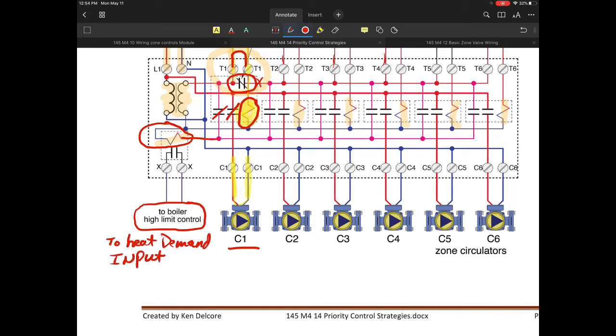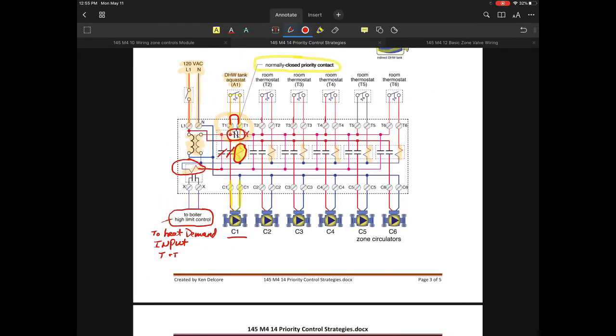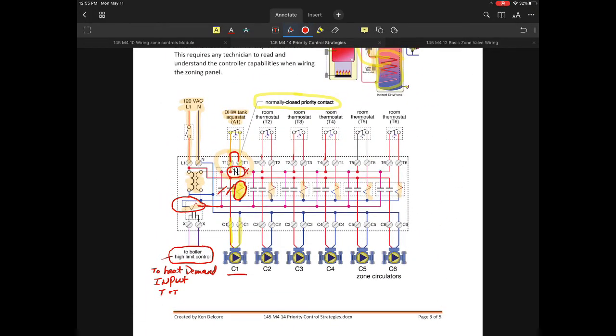On a typical hydronic system, this would be going to what I would call the heat demand input. In the previous ones, this went to T and T. In other ones, it might have gone to T and TV or something like that. But it's some heat demand input, whatever your boiler system's control system has.